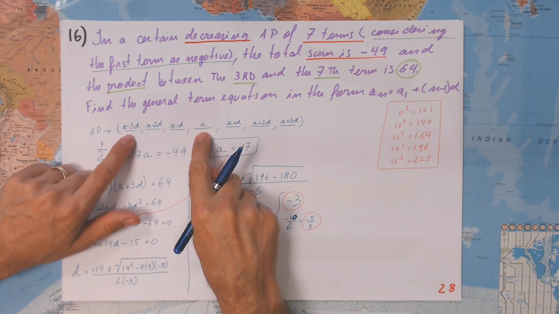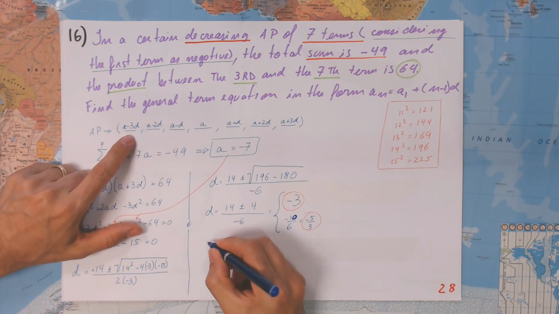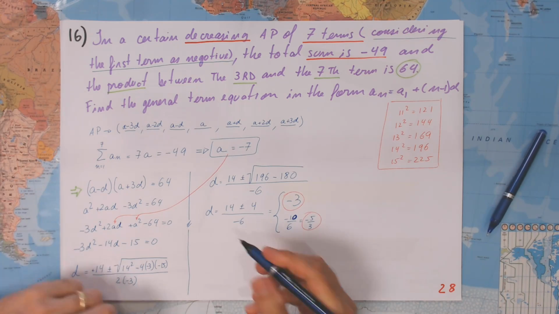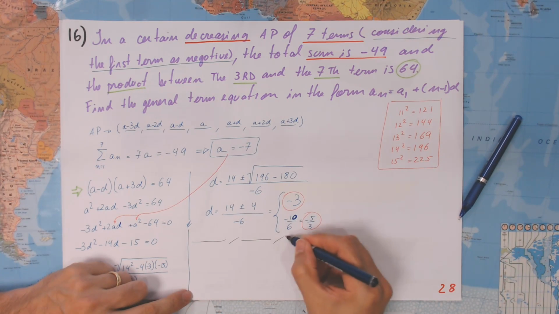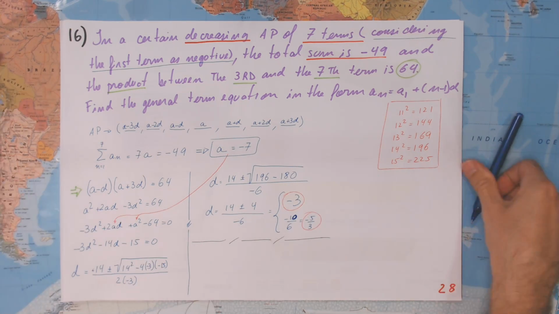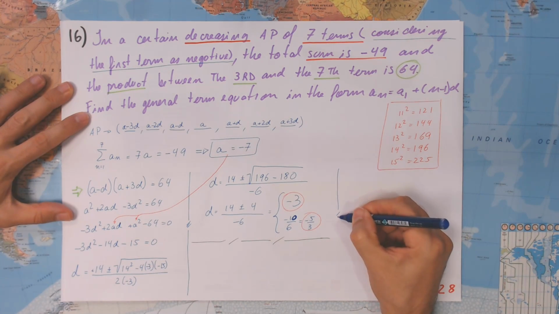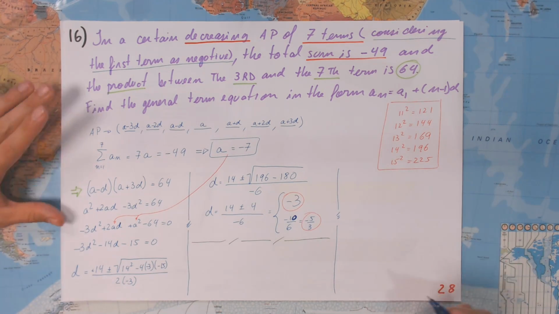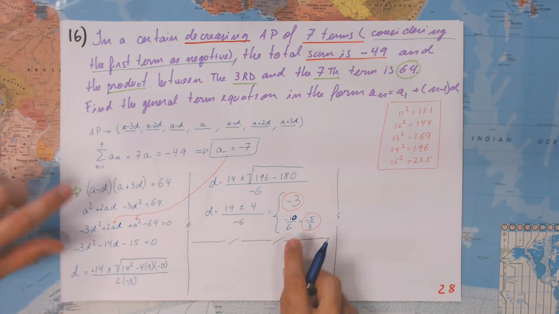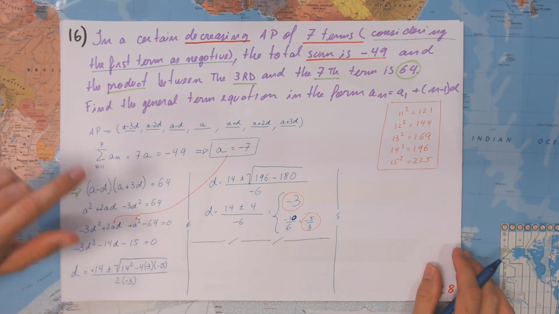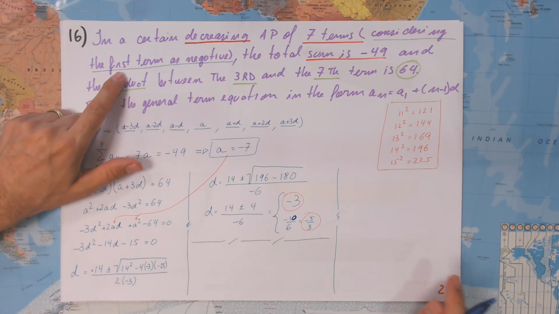Now we have the third one, and let's make another separation mark. Now let's see which one we're going to choose. For that, we're going to have to find the first term.